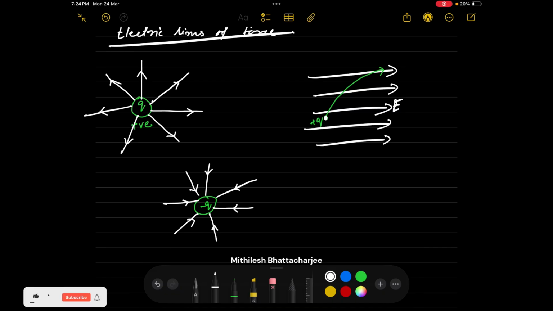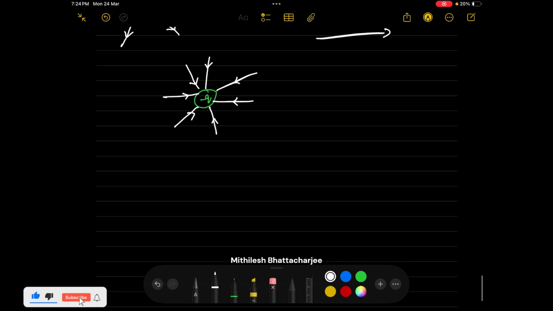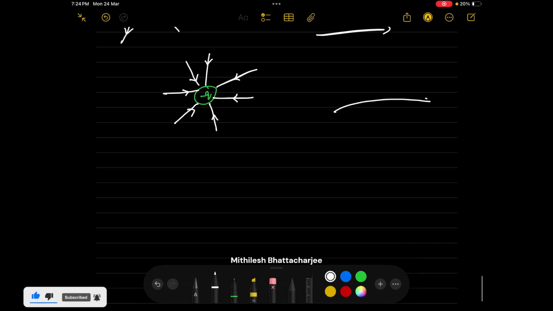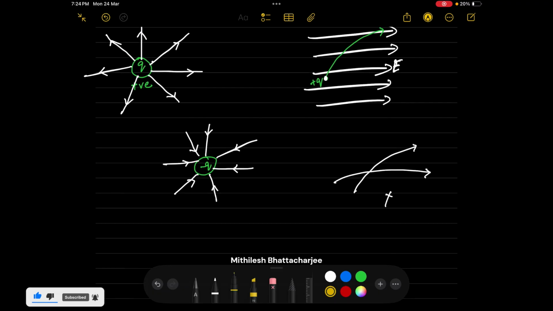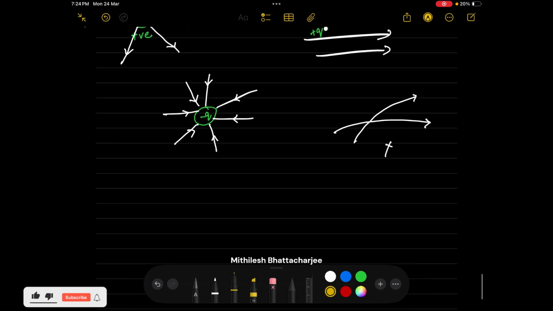Okay. Now, the interesting thing is two electric lines will never intersect each other. Why? The reason is, see, this is the electric line, right? By seeing this electric line, we can say the direction of the charge is this.